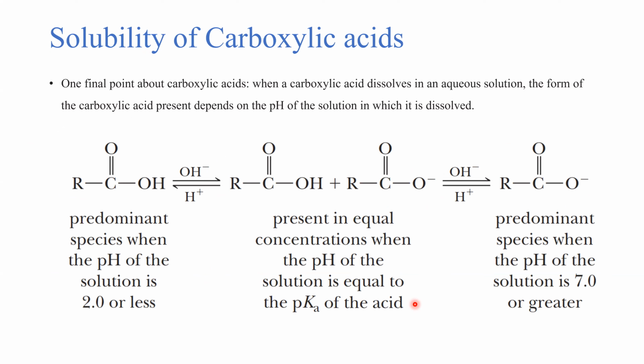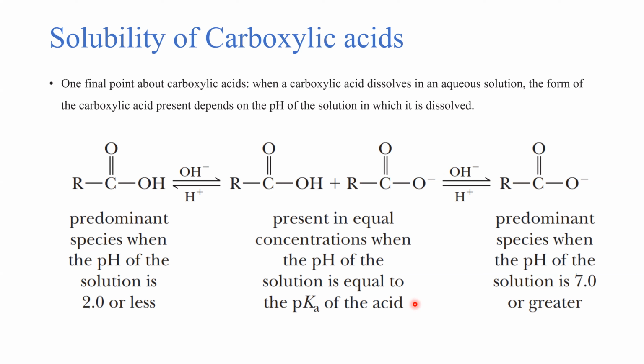The solubility of carboxylic acid is very much dependent on the pH, because the pH provides a tool by which you can make your carboxylic acid soluble in your aqueous solution or not, by adding some basic or acidic solution.